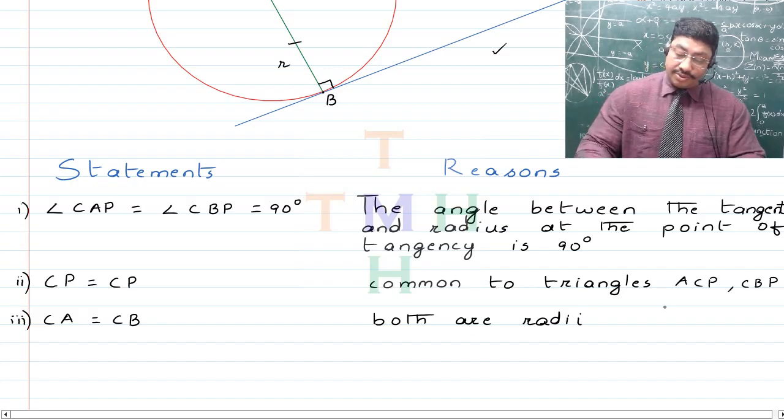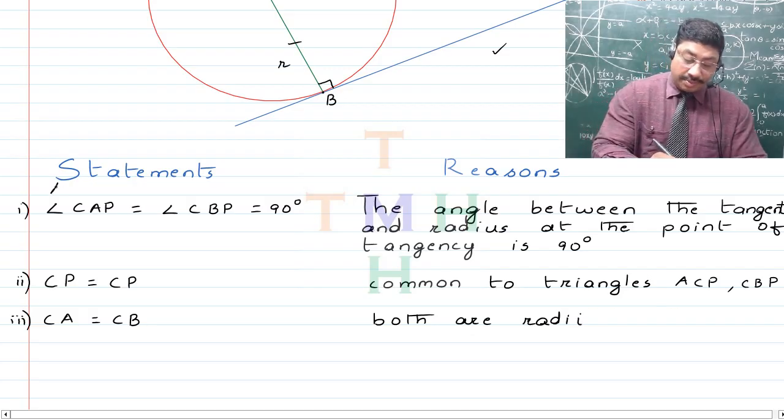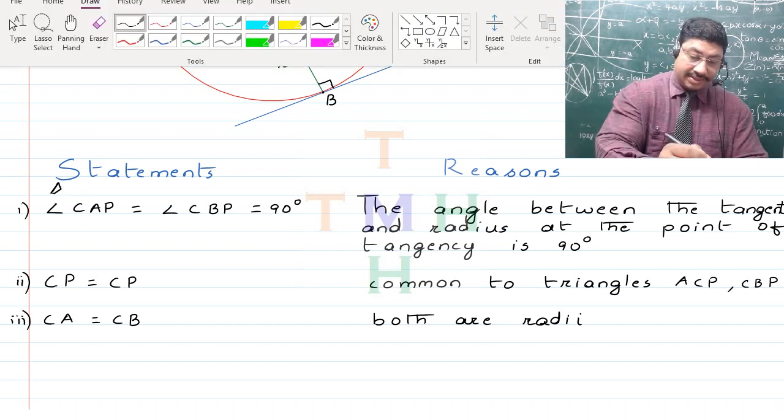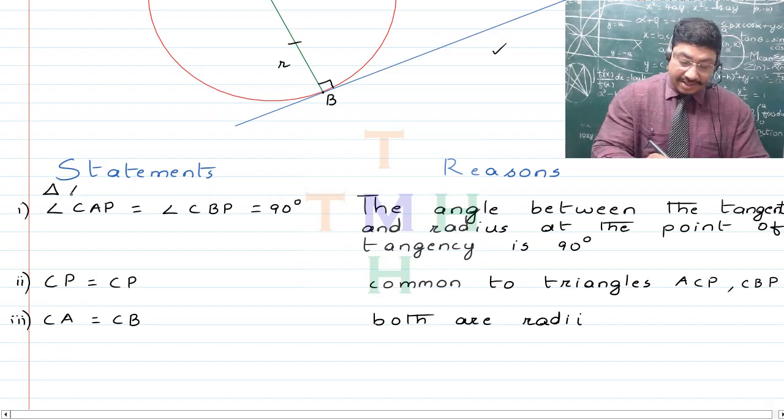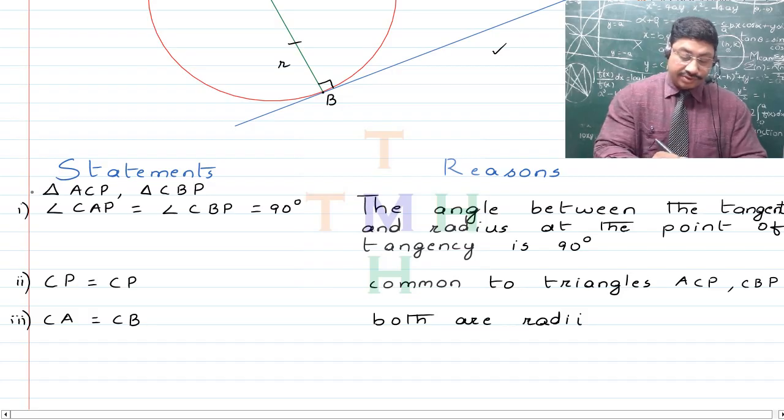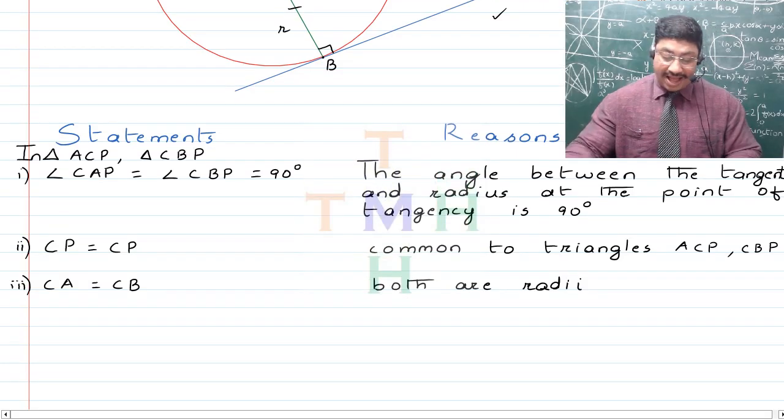And as such, when we are talking about two triangles, one triangle being ACP and the other triangle being CBP, we have proved that both of these triangles are congruent by RHS.